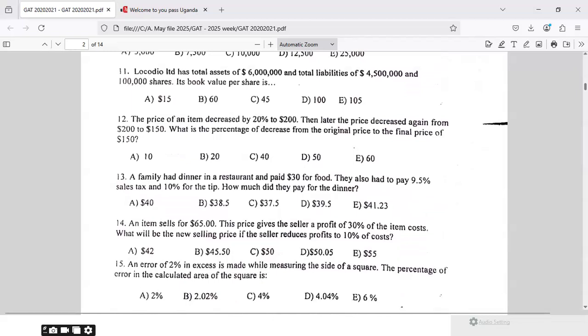Now for question 12, the price of an item decreased by 20% to 200. Then later the price decreased again from 200 to 150.